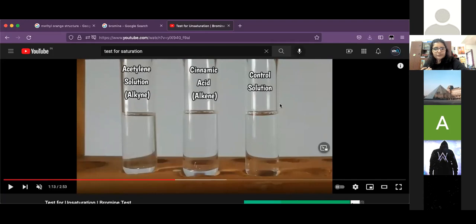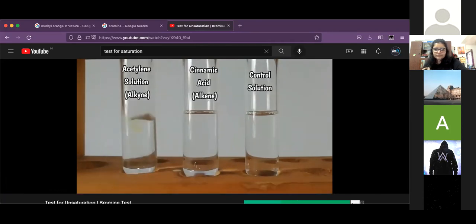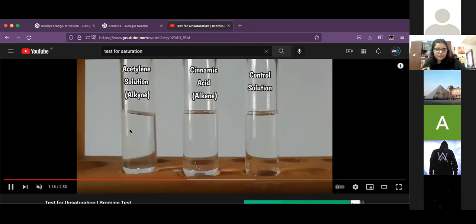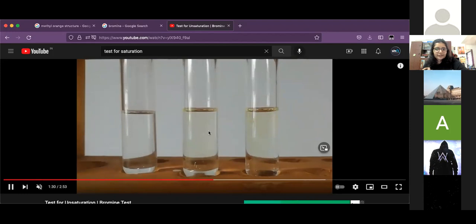So 3 test tubes here. You have an alkene in this, and then you have an alkyne in this. So are you guys able to see? You add 3-4 drops of bromine, slightly yellowish, and these two remain transparent.